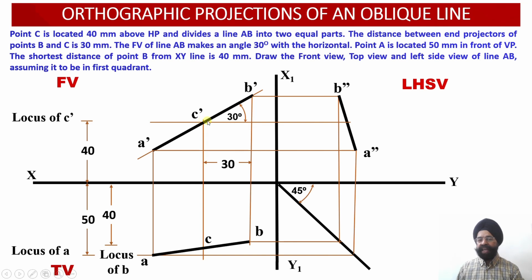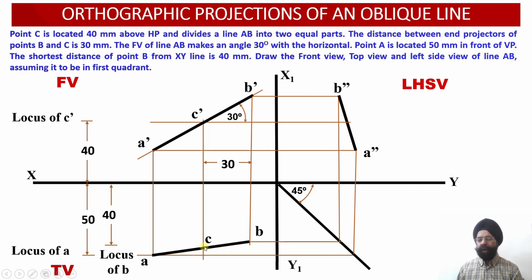So from C dash, we have drawn a horizontal projector line because the height of point C dash is also fixed. So this point C dash height has been located into the front view elevation projection. At the same height, we are going to obtain the location of the point C double dash. And now we know the distance of the point C in the top view. It is this distance.